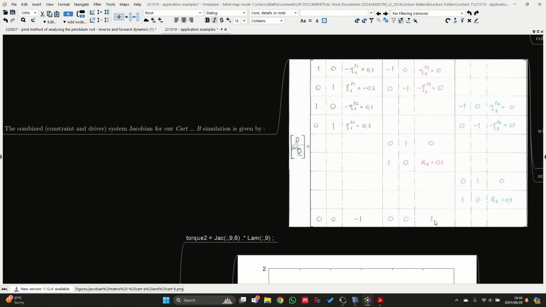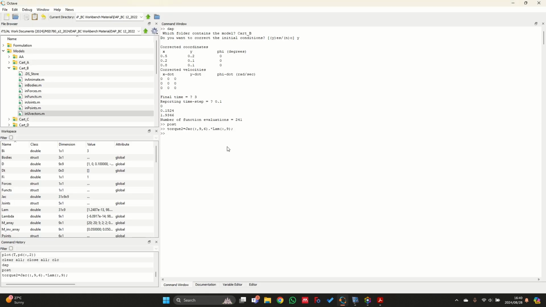In my case, I'm just going to multiply 1 with whatever Lagrange multiplier I get, so the values should in any case just be Lagrange multiplier 9. To plot this and illustrate it, I'm going to say plot T, and then torque as well.